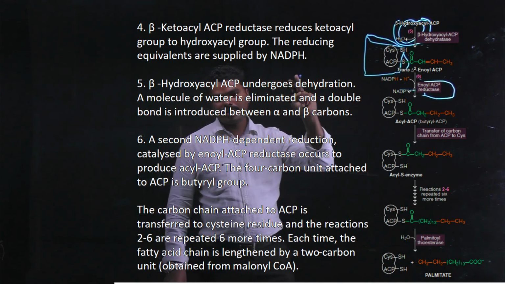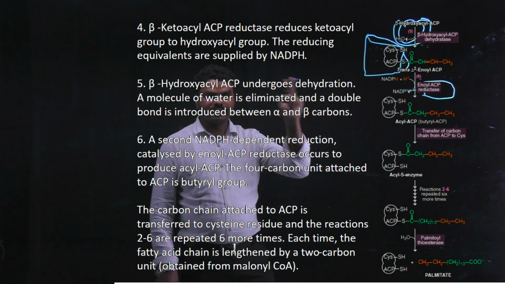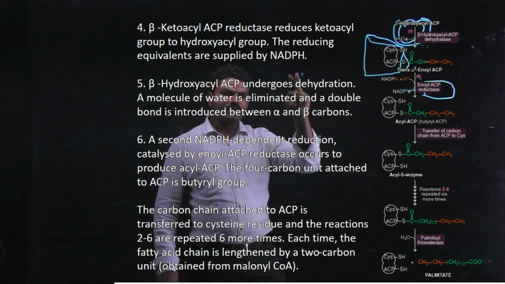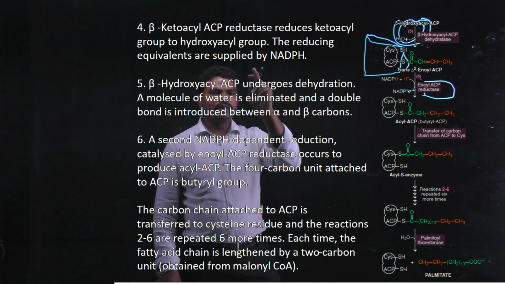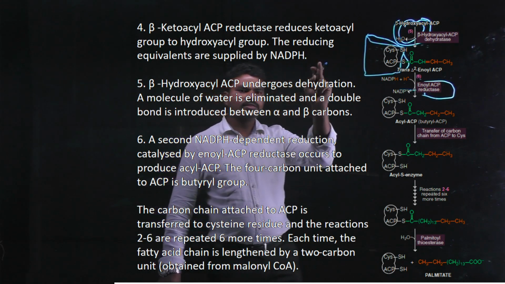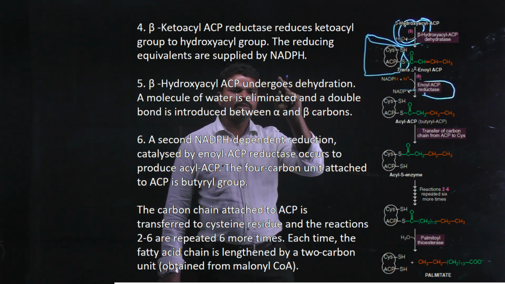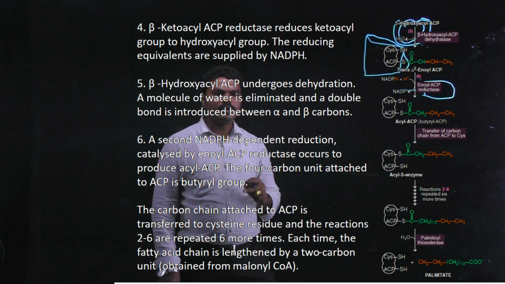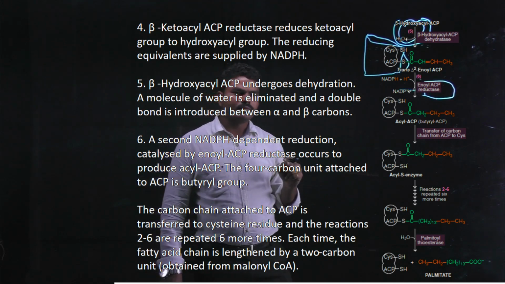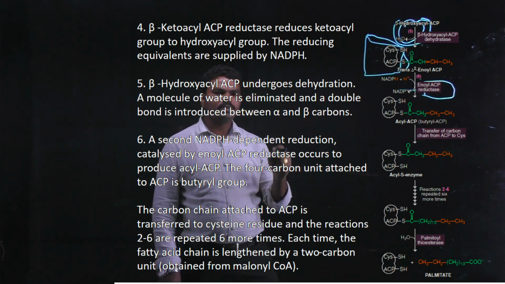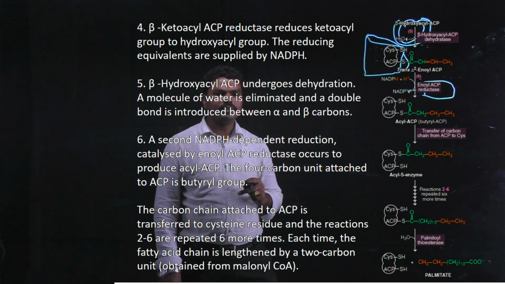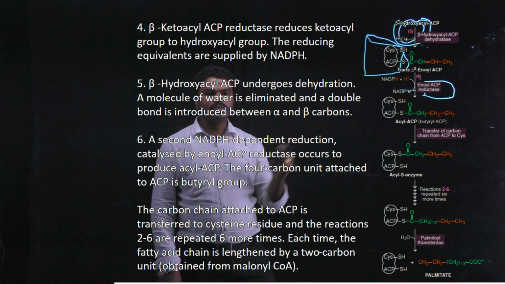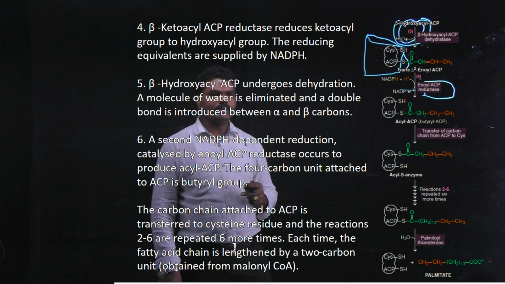Carbon dioxide is utilized in the second stage, and NADPH is utilized in the fourth reaction of the third stage, for the conversion of the keto acyl group of this beta keto acyl ACP to hydroxy acyl ACP.